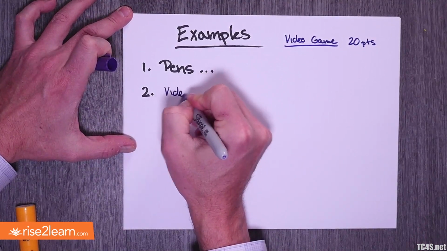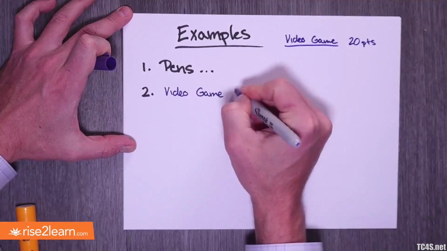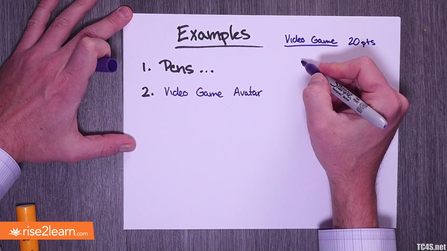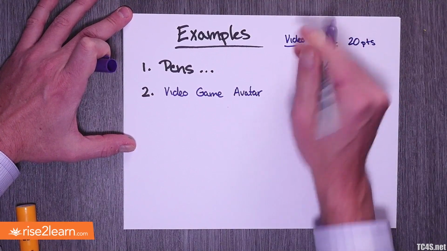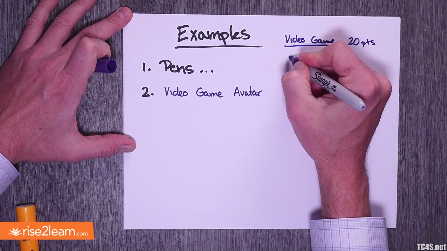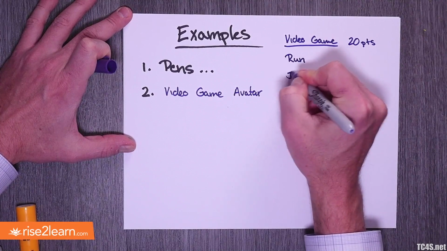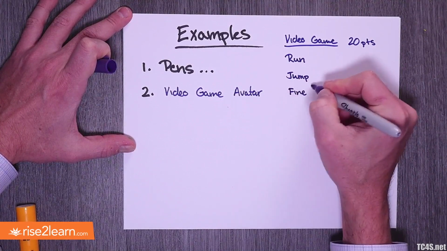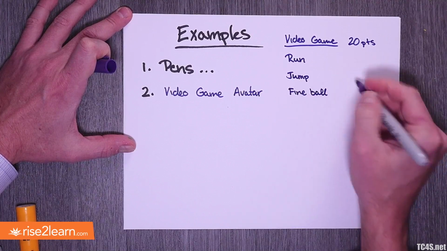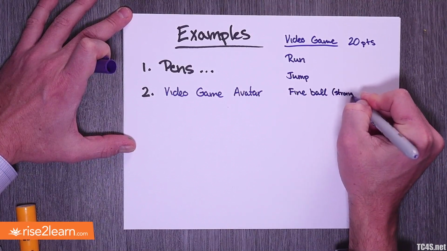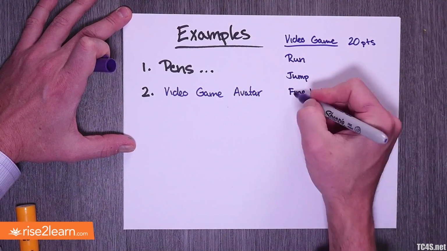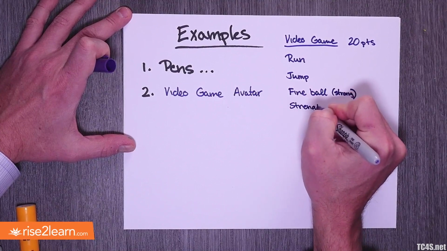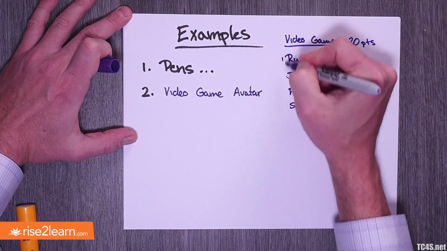We'll call this the video game avatar example. In this case, you have different abilities. What can a character do? Run, jump. Let's say they can have a fireball or spit something. How strong is that? Run, jump, let's say strength. And you have these 4 characteristics.